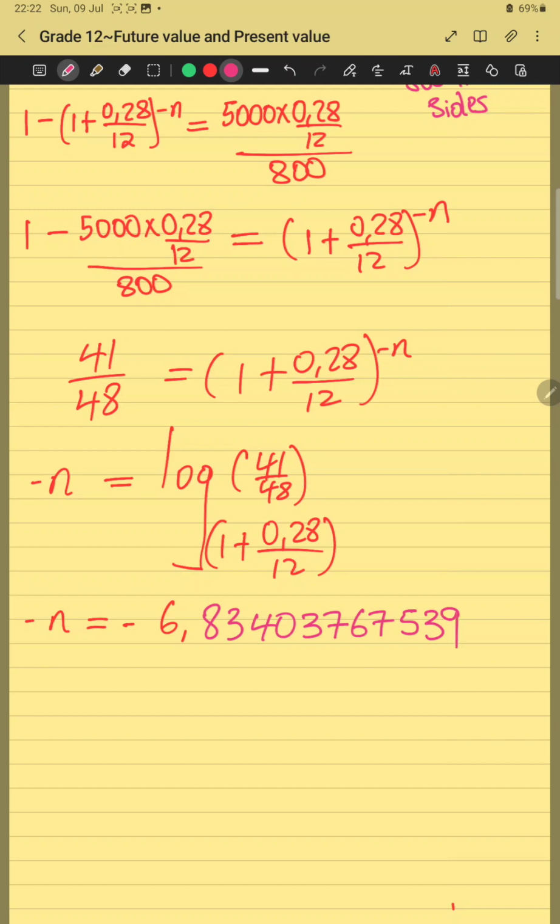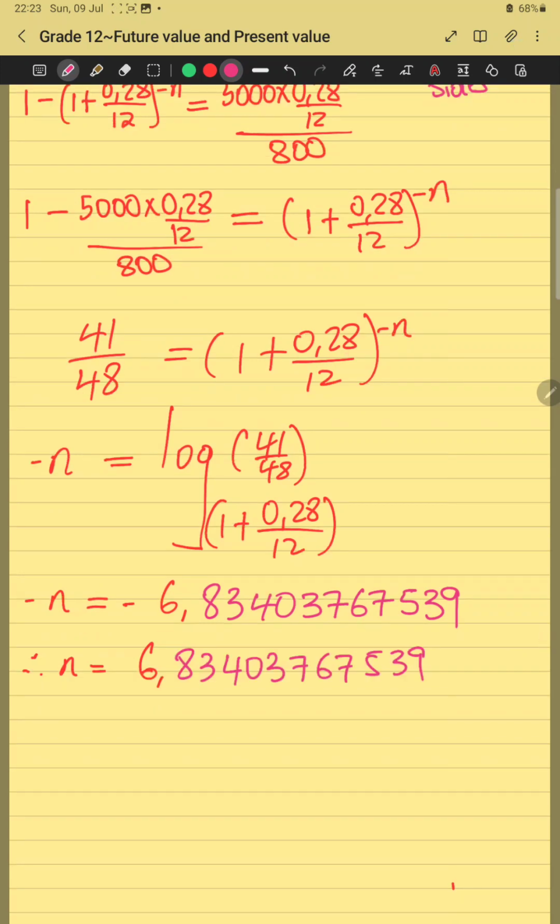Okay, so we can just divide both sides by -1. I hope that one we are aware of. Therefore n is equal to positive 6.83.